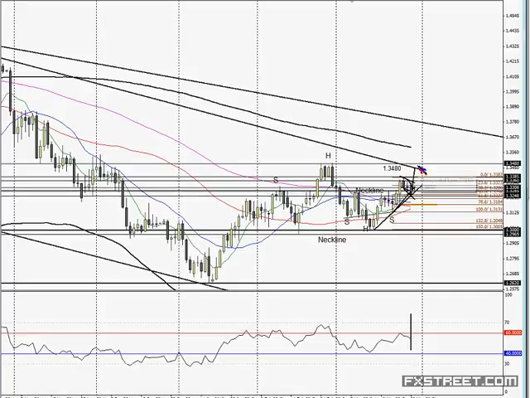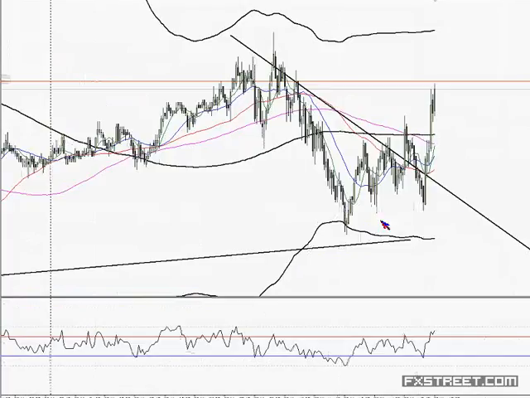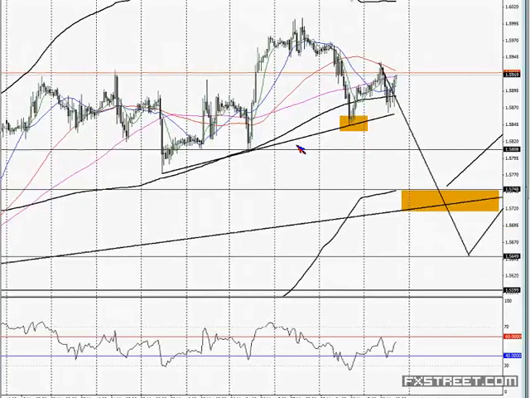Okay, so that's the euro dollar. Looking for another push to test the important trend line here. Okay, so pound dollar is another pair that I was in at 1.5870 area. I was planning to, well, first of all, let me go back to the 1 hour chart. Looking at the 1 hour chart, okay, so here's yesterday's low here.